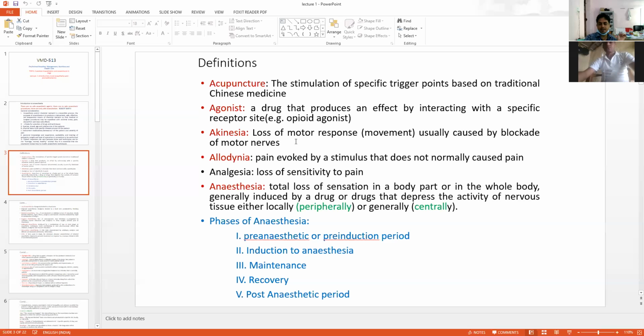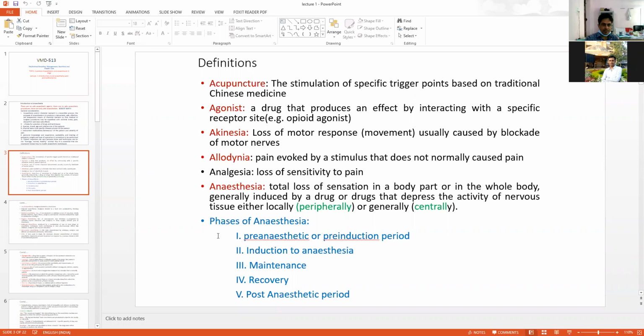Then there is a term meaning loss of motor response, usually caused by blockade of motor nerves. These definitions are important. Allodynia, analgesia: loss of sensitivity to pain is known as analgesia. Hypoalgesia is less pain, and hyperalgesia is exacerbated pain. So you have to consider these things.